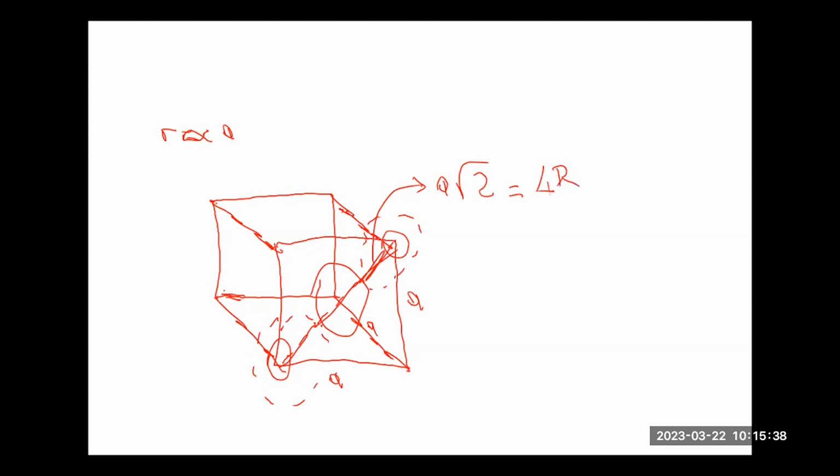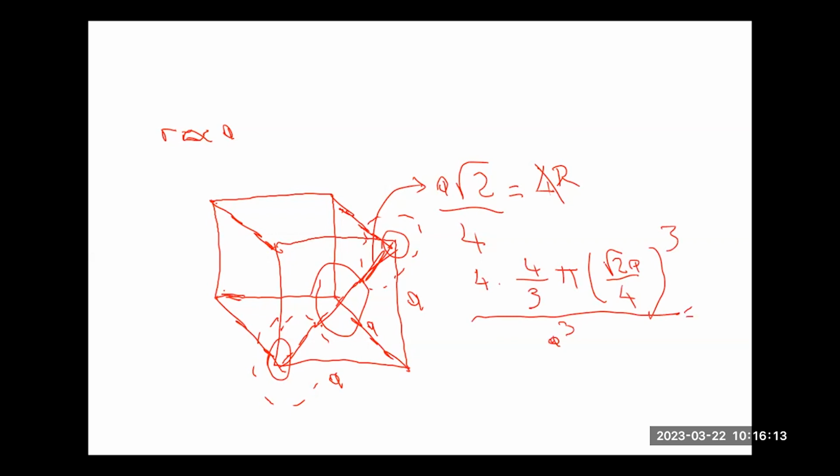Then you can relate the radius with the lattice constant, which is R equals a square root of 2 divided by 4. Then just 4 over 3 pi R cube, so (square root 2 a divided by 4) cube, and we have 4 atoms here divided by a cube.